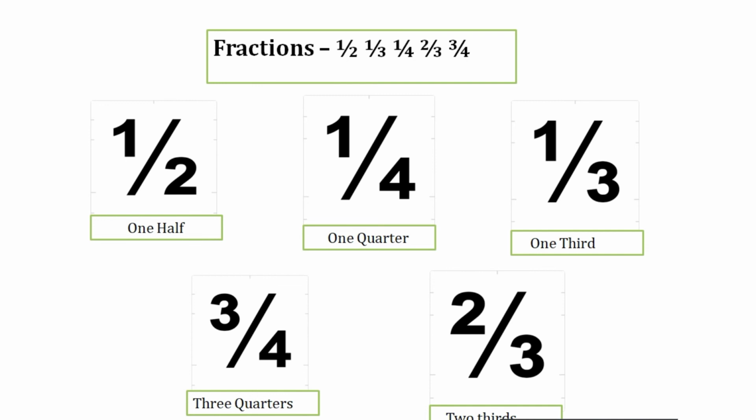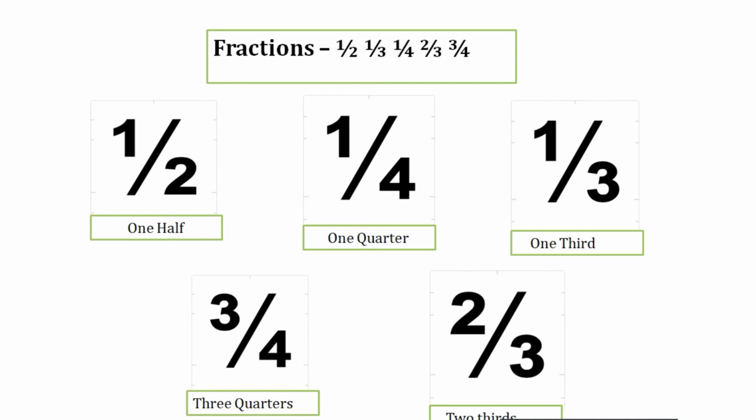The next one is called 1/3, and the next one is 3/4. That means there are 3 parts of anything from the whole 4 parts. And the last one is 2/3.